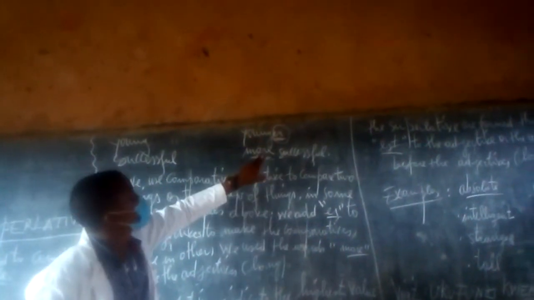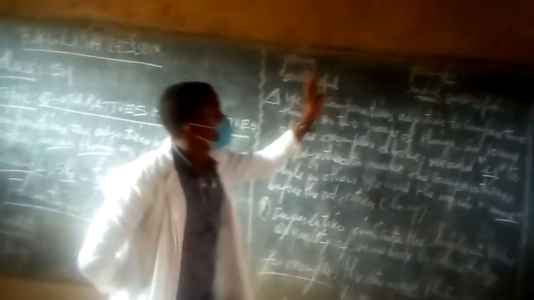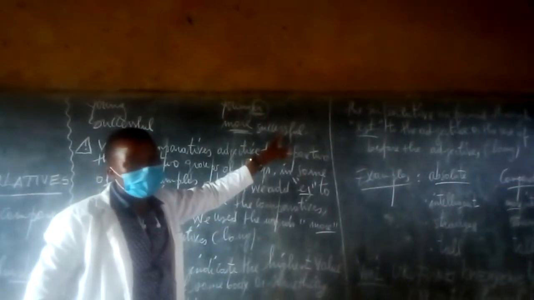Here we have successful, and here we have more successful. We will see the full explanation of why we use more, not ER. We also see that with a long adjective in comparison, we use more before that long adjective.